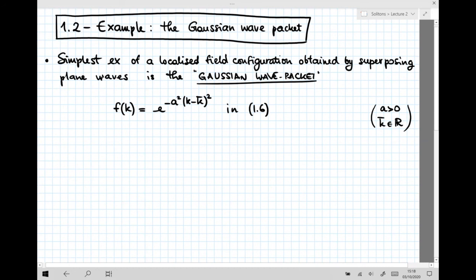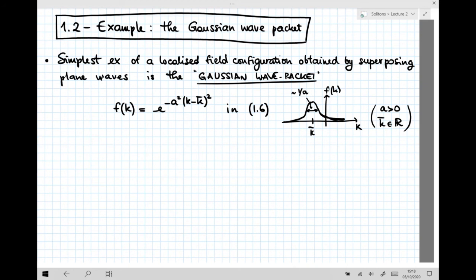And so if we plot f of k in Fourier space, or in wave numbers, if k bar is somewhere here, then f of k is a Gaussian or normal distribution centered at k bar with a width in wave number which goes like 1 over a. So if you double the parameter a, then the width of f of k goes down by a factor of 2.